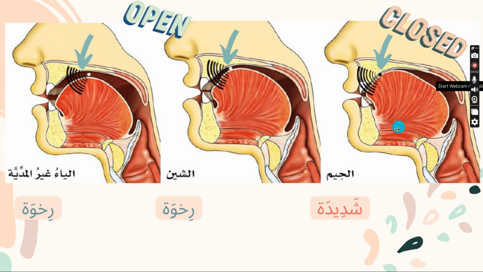So this is why the Jim is shadida, and both these letters have rakhawa, because the articulation point allows the flow of the sound. There's no closure in the articulation points of these 2, although it's the same points used to pronounce the 3 letters.